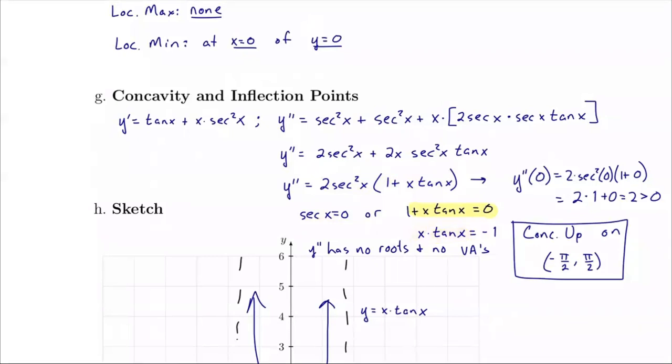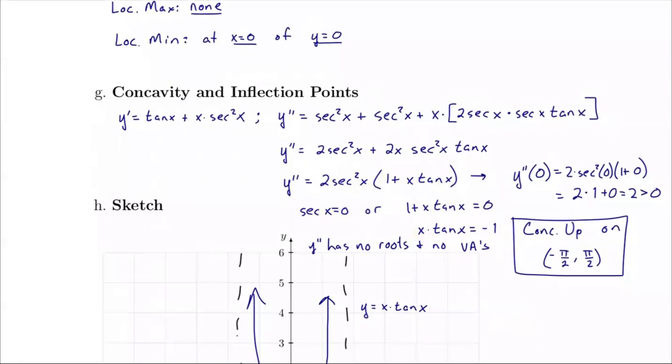The thing we could argue for ourselves is we can never get a negative number out of x tangent of x. If x is negative, the tangent of that negative number is going to be negative as well, so there's no way we're ever going to get a -1. So it turns out the second derivative has no roots.